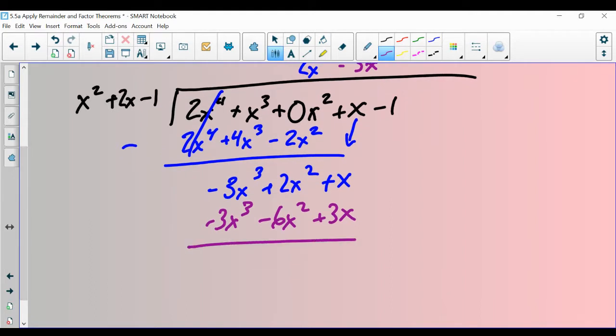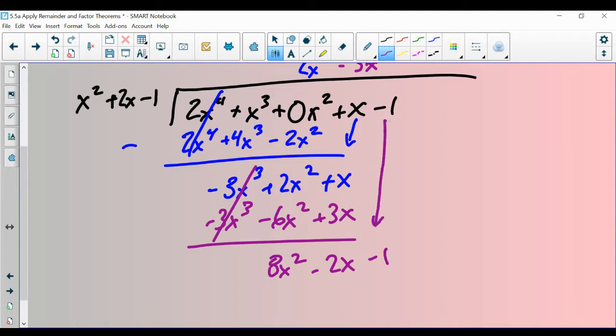We're going to go ahead and subtract these. These match, so they cancel. 2x squared minus negative 6x squared would be 8x squared, and x minus 3x would be negative 2x. Drop the next term down, minus 1.